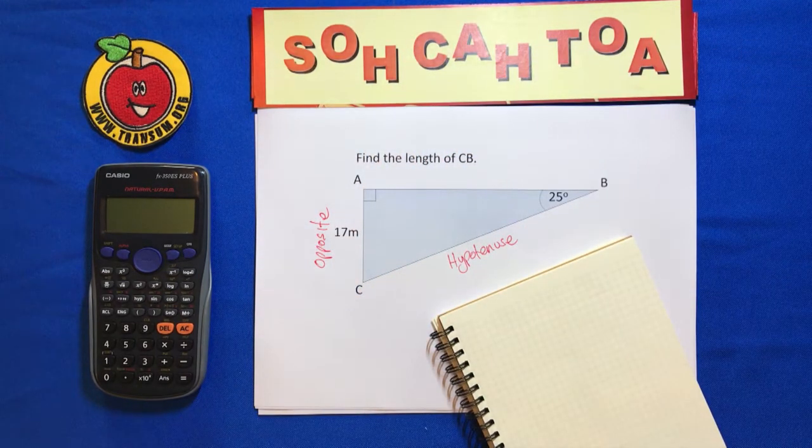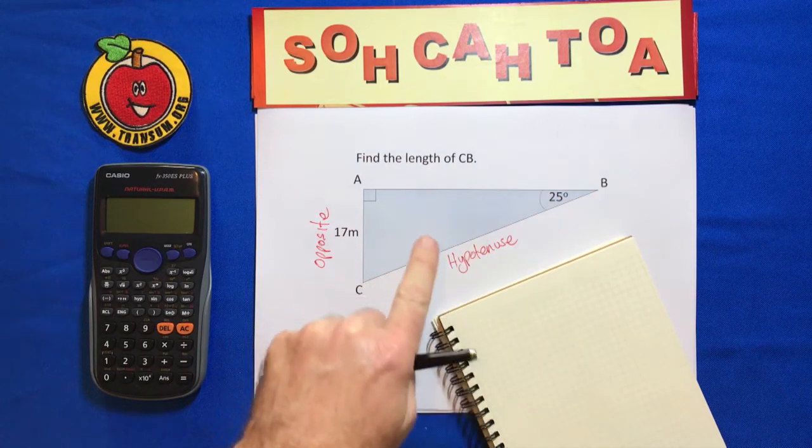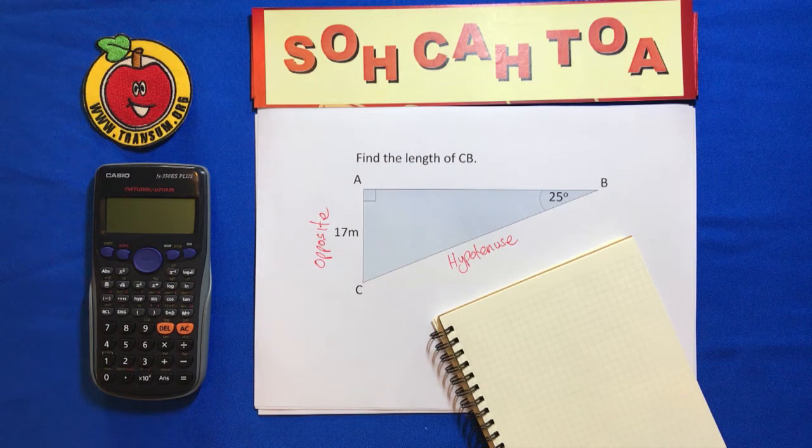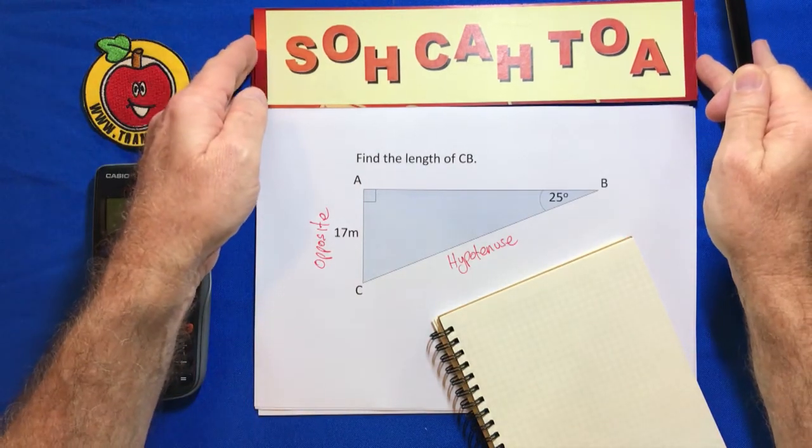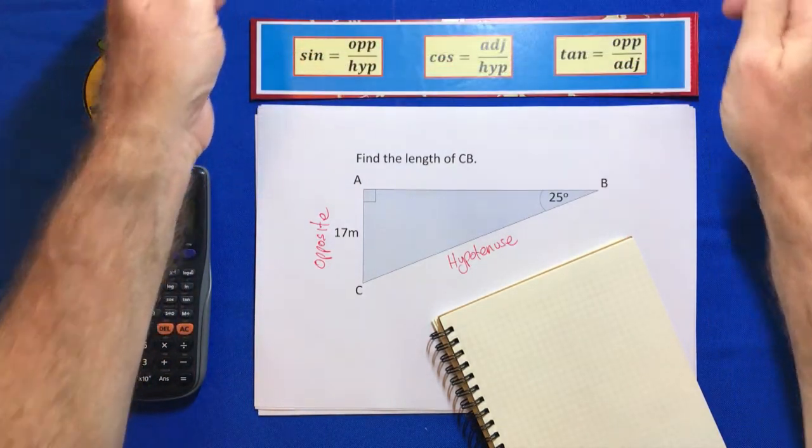Okay, we have the 2 sides involved in the question. I know you know the name of this side, but we're not going to write it down because that'll just add complication. Now we say the magic word, SOHCAHTOA, and that should remind us of the ratios.